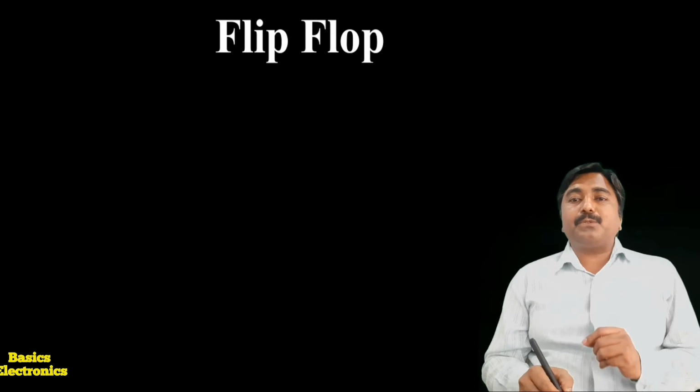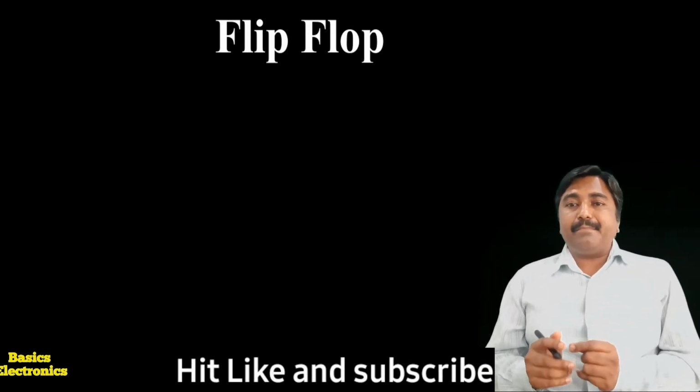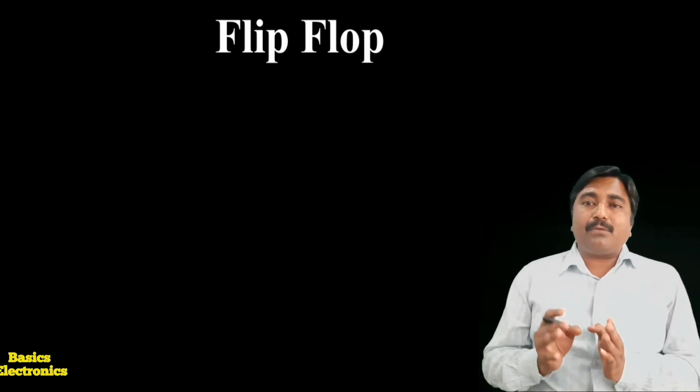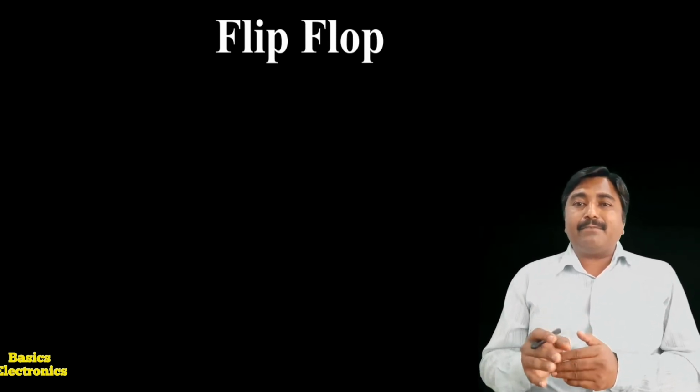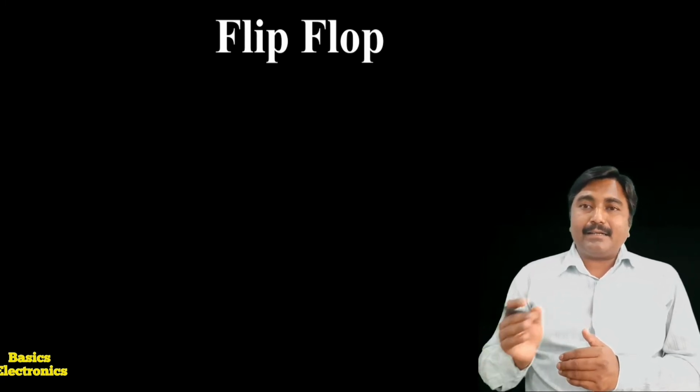The flip-flop basics we had seen already, the 1-bit memory cell. Now we draw the symbolic representation of the RS flip-flop and then draw it using the NOR gate and the NAND gate.